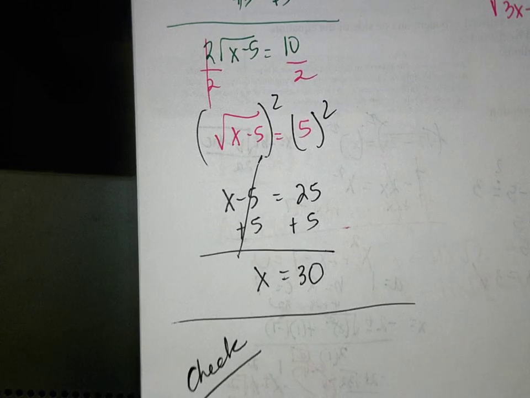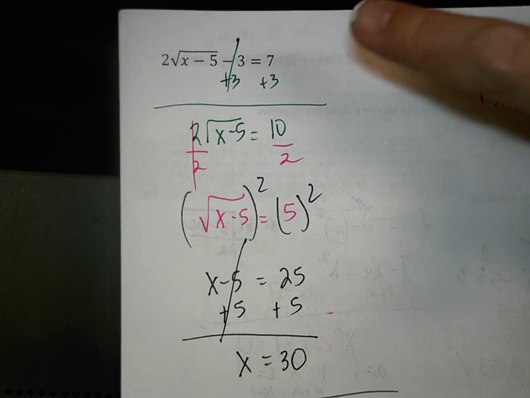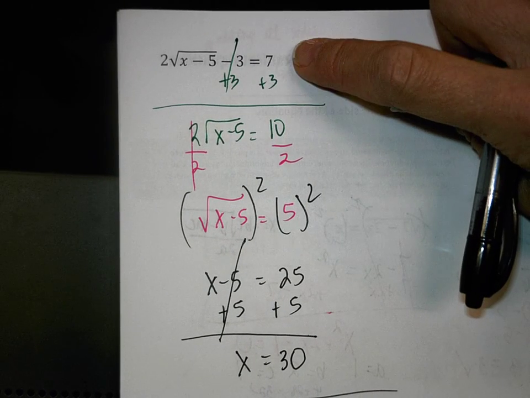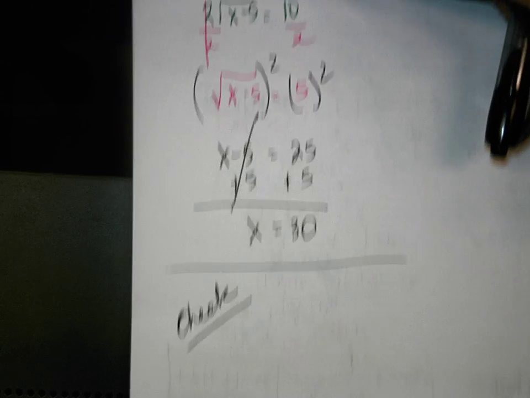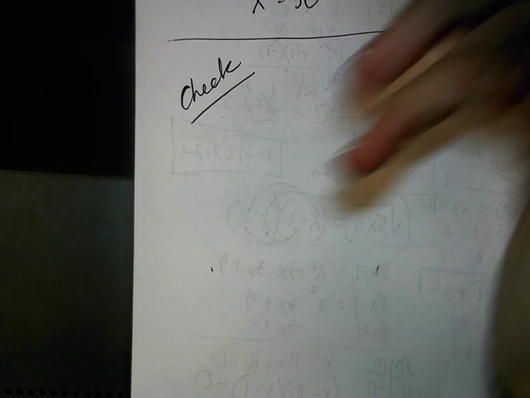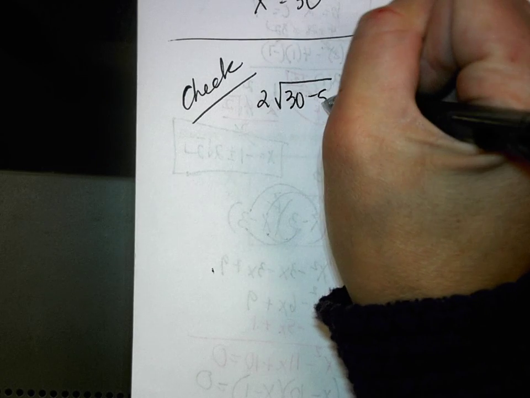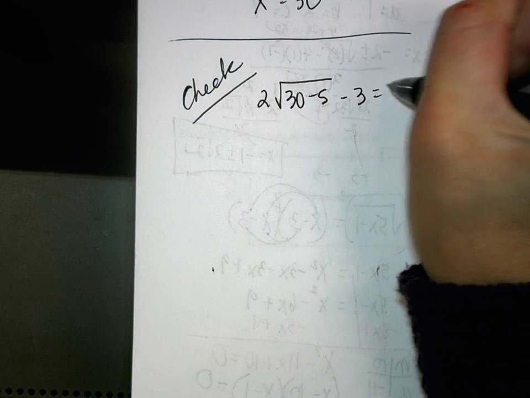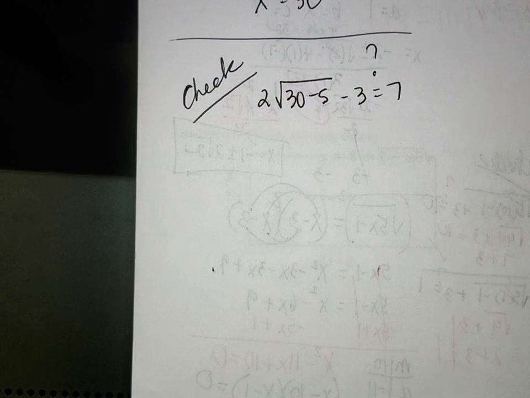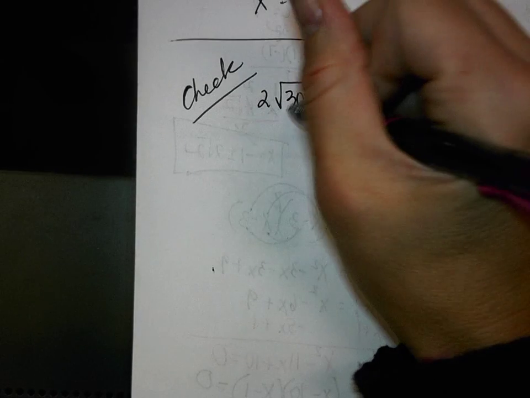I check it by going back to my original problem and plugging in 30. You can't see exactly what I'm doing, so I'm going to move it up. So it's going to be 2 root 30 minus 5 minus 3 equals 7. 30 minus 5 is 25.